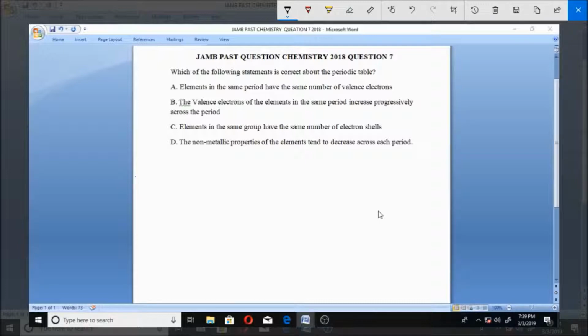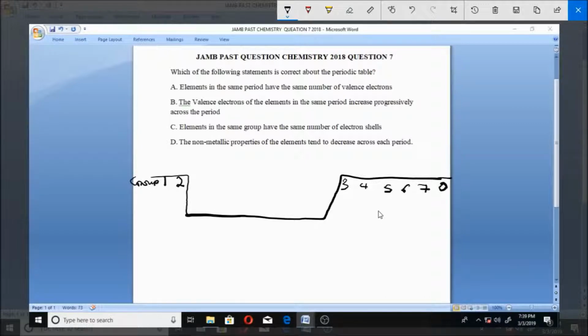The periodic table is the arrangement of elements according to their atomic numbers, and basically they are arranged into groups of 1, 2, 3, 4, 5, 6, 7, and finally 8, which is actually group O. So that is the groups of the periodic table.